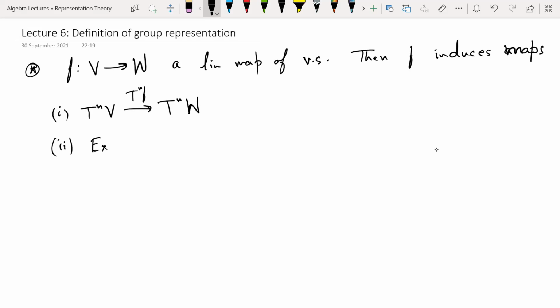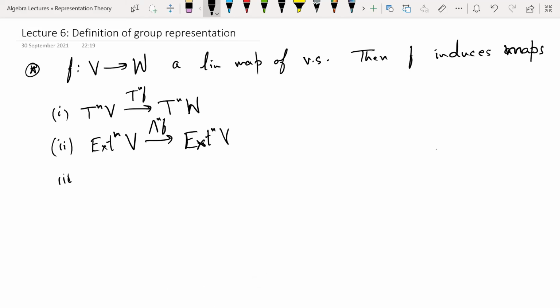Next, we use both notations, this lambda notation as well as the Ext notation. So maybe I'll use lambda notation for the map.